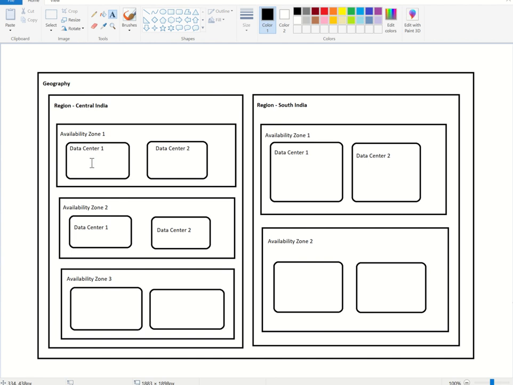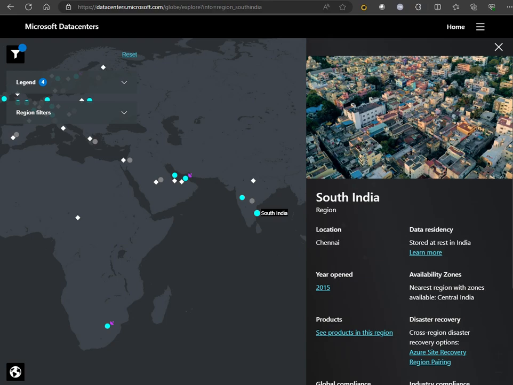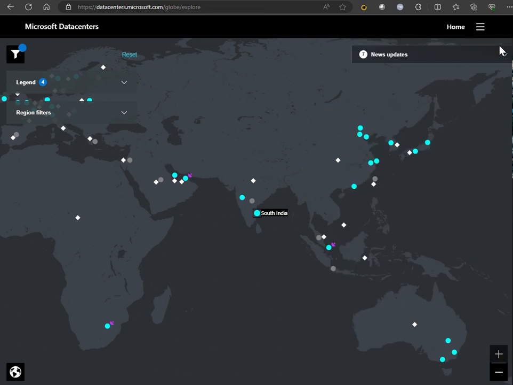We can achieve zonal and zone-redundant replication of our data. And when it comes to data centers, as I already explained, they have their own power, network, and cooling mechanisms, so failure of one shouldn't cause failure of other data centers. I hope it's pretty clear how Azure infrastructure looks at a high level.